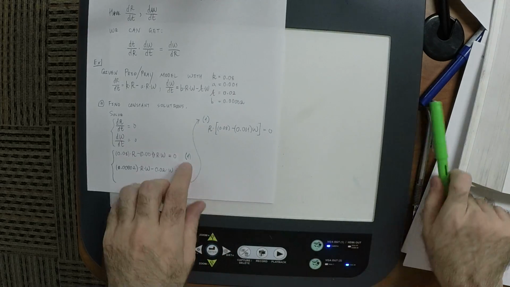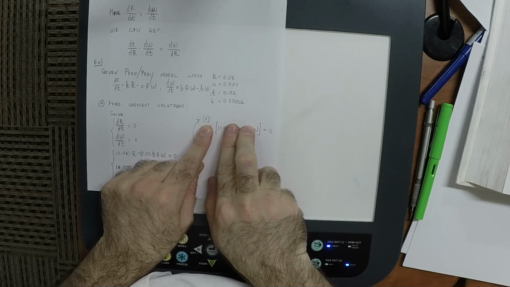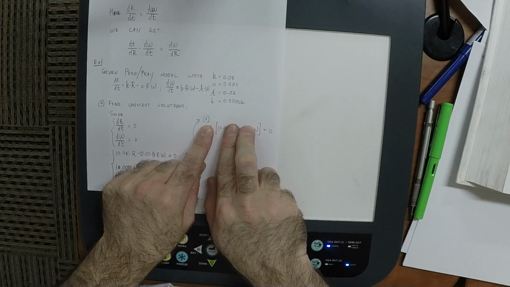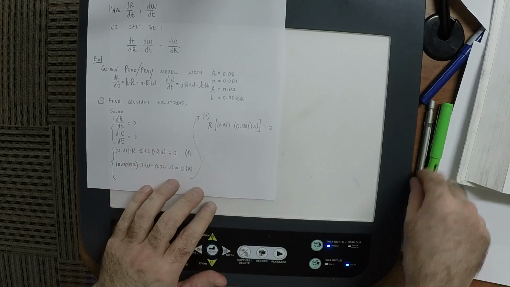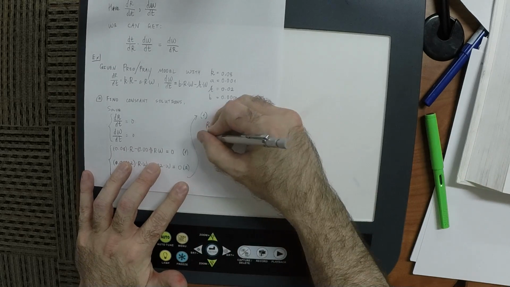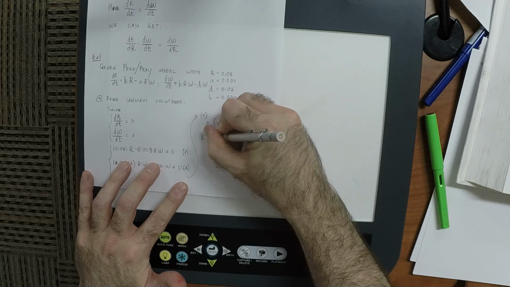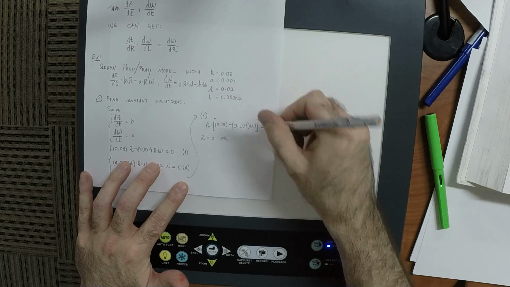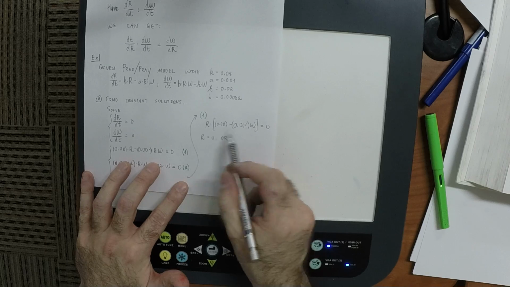So now we've got the product of those two things is 0. That means that one of those things has to be 0. So there's two possibilities from there. The equation splits into R is 0, or I'll say this one is equal to that one.